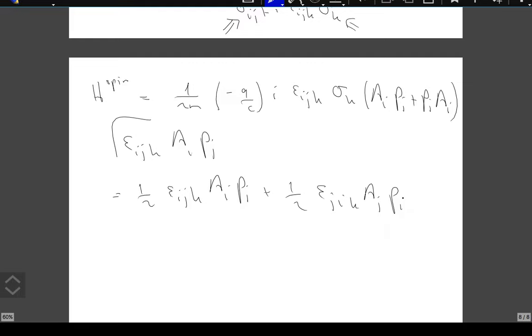Instead of i I call it j, and instead of j I call it i. But now this epsilon_jik is nothing but minus epsilon_ijk. It is antisymmetric under the exchange of any two indices. So I end up having 1 over 2 epsilon_ijk (A_i p_j minus A_j p_i).